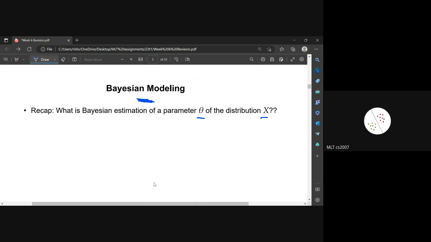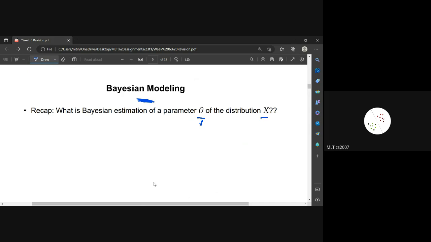Yeah, of course. Here we assume that the parameter is not a constant. In the frequentist estimation like MLE, we assume that theta is unknown but a constant quantity. Here we assume that theta itself is a random variable. It's unknown, but it is a random variable that we assume in the basic modeling. Now we assume some prior for theta.